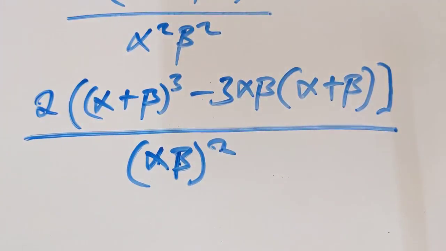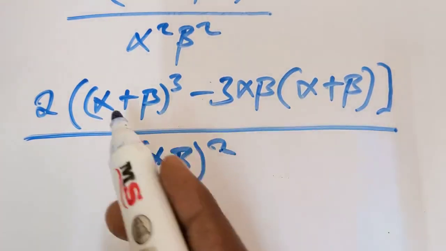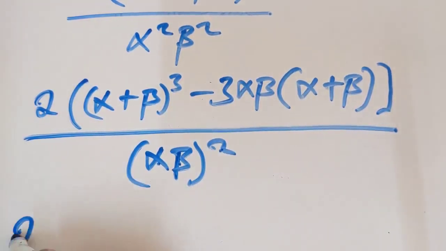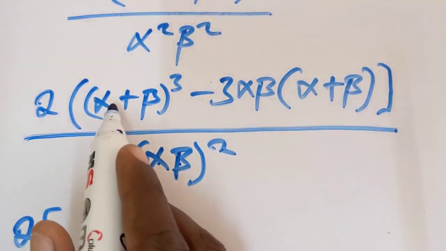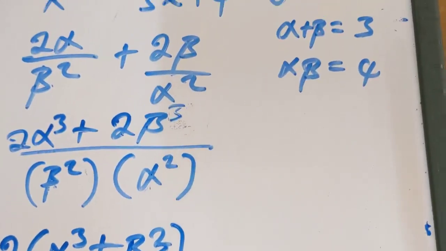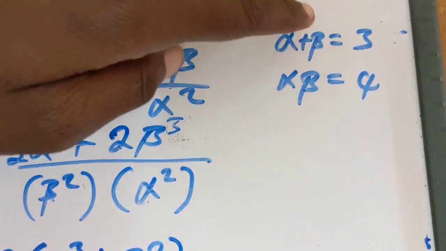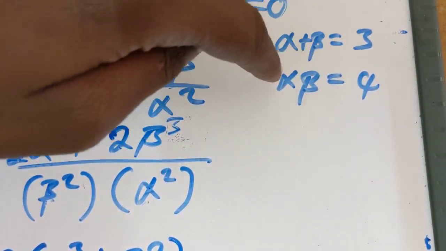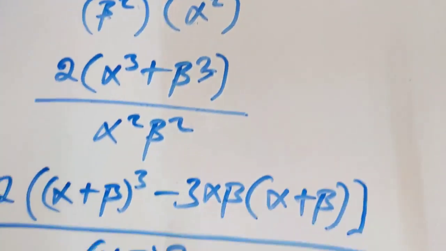So from there now it's just replacing the values. So you say 2, open bracket like that. What is alpha plus beta? Alpha plus beta, we had found that it is 3. Then alpha beta, it is what? It is 4.